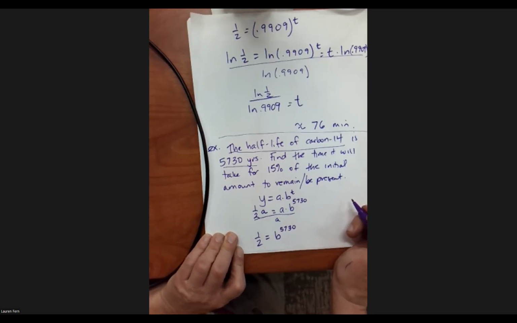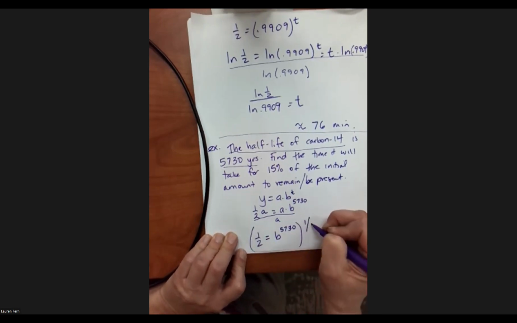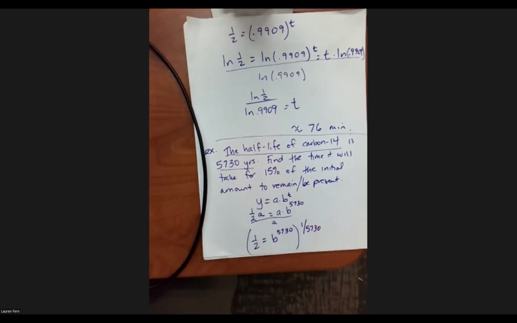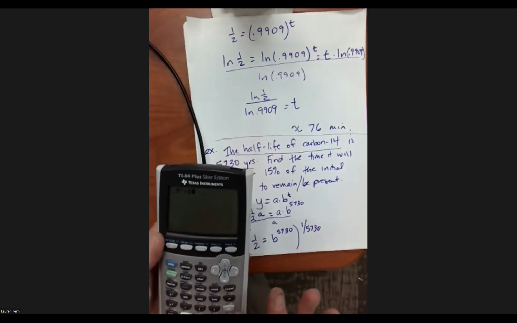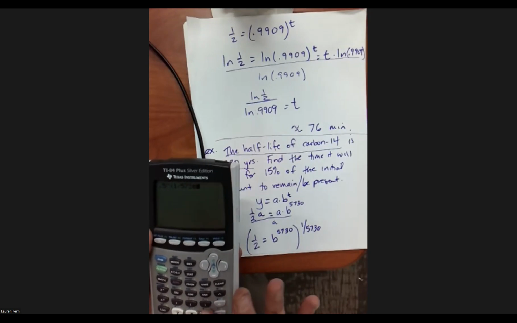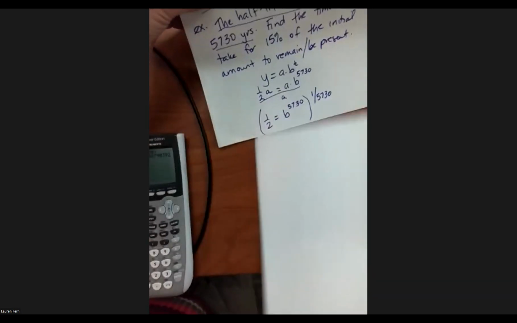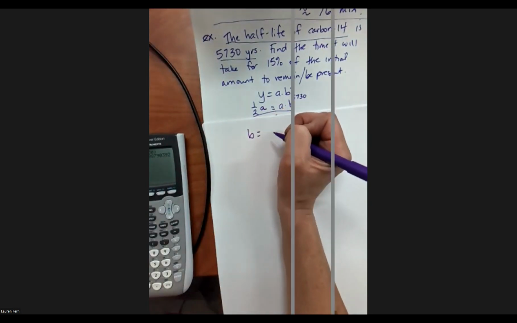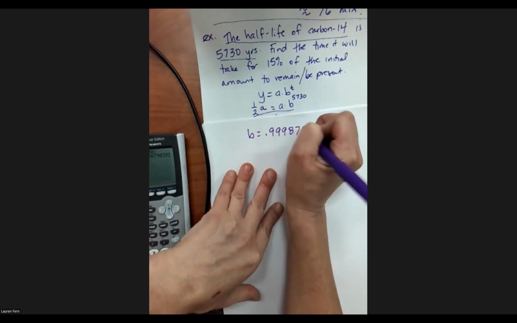Well, this is going to help us. How would we find B? Raise both sides to the 1/5,730 power. So what I'm going to put in is 0.5 to the 1 divided by 5730. And what we're going to get for B, I'm going to go many decimal places here because they're all really big to start with. 0.999879.